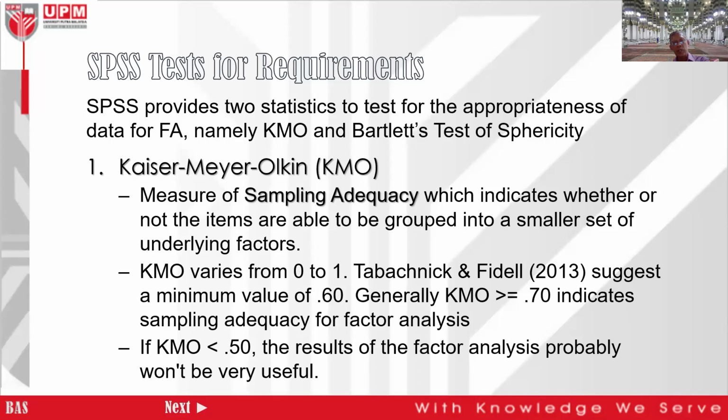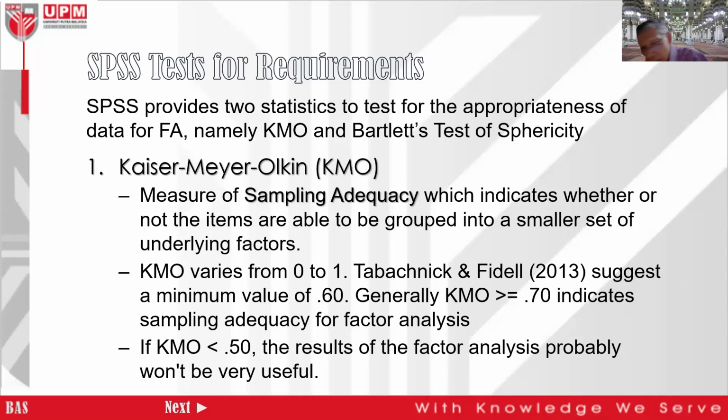According to Tabachnick and Fidell 2013, the minimum value for KMO is 0.6 to be considered to have adequate sample size for you to run your EFA. But generally, the cutoff point applied is 0.7, just like your Cronbach alpha, where we want 0.7 onwards.